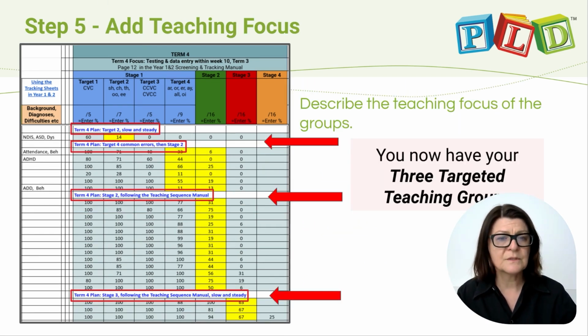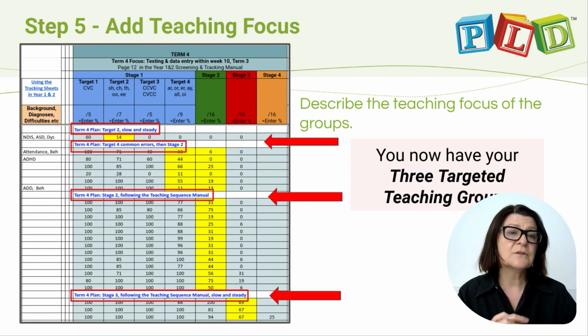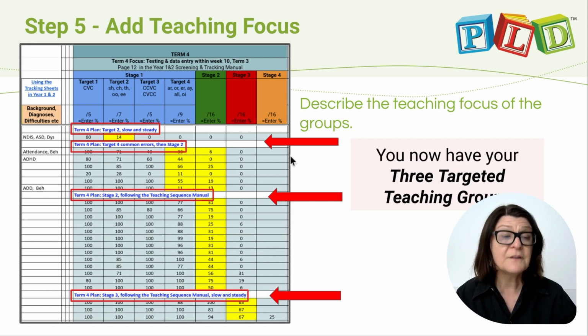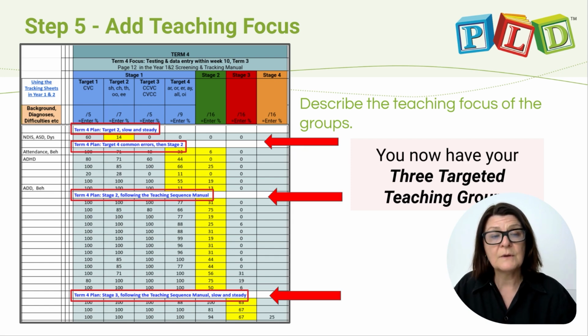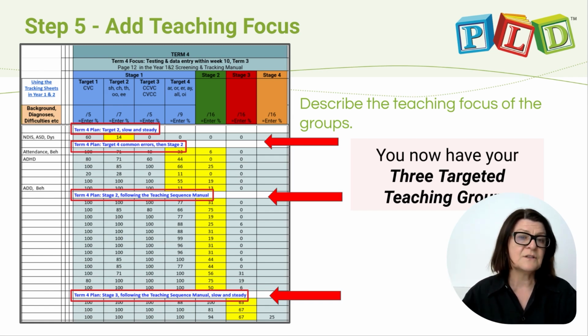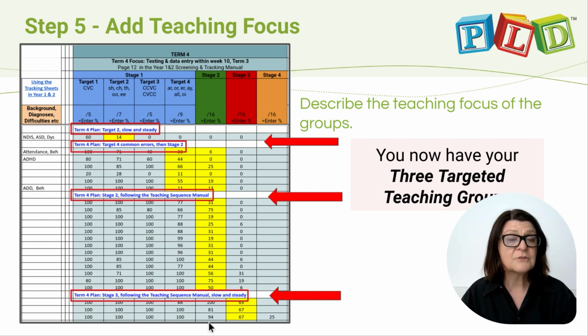It's then important to establish those 3 targeted teaching groups and to describe your focus. In this particular example, we have a significantly delayed student who is receiving education assistant funding and has an NDIS type diagnosis, so they are on an individualised program, but the teacher is running these 3 targeted teaching groups.